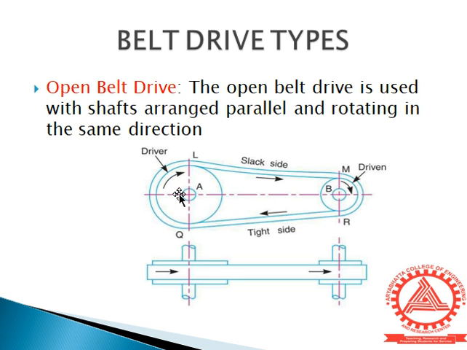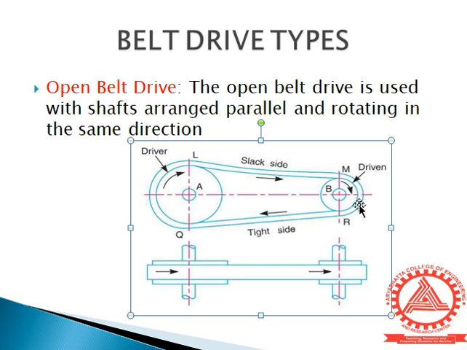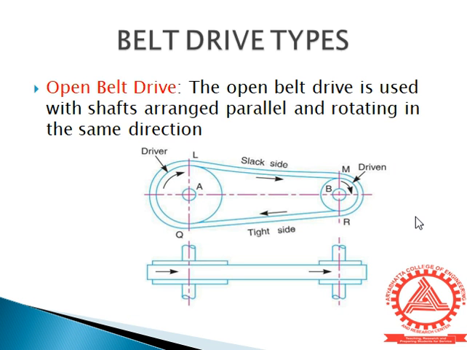What is happening here? The length of belt which is wrapped over here is carried by the rotation of the driver pulley, and in turn this belt will also give rotation to the driven pulley. That's why this is known as the driver pulley and this is known as the driven pulley.